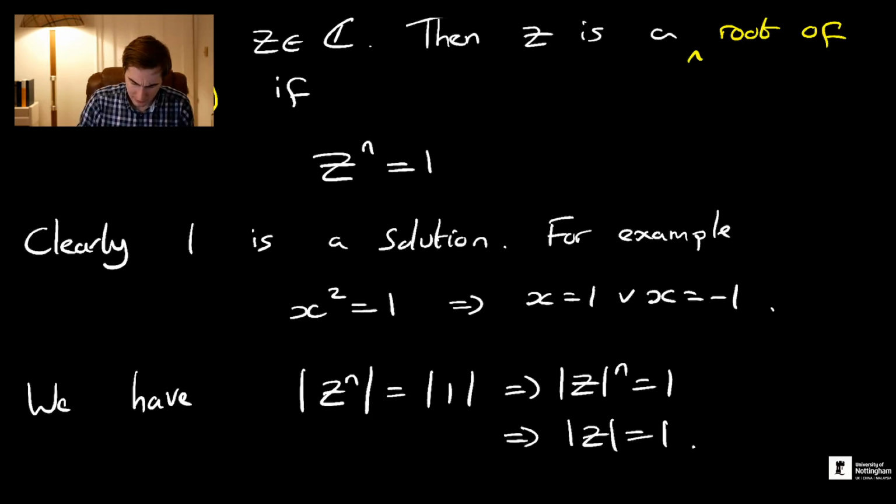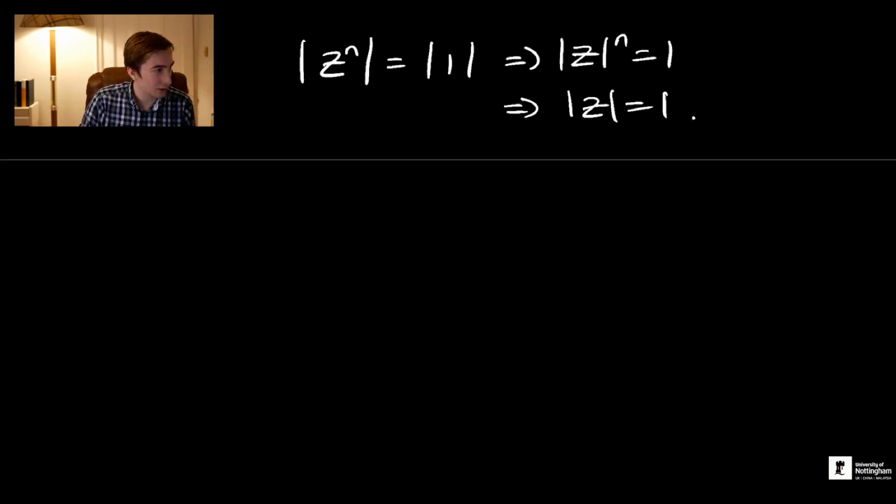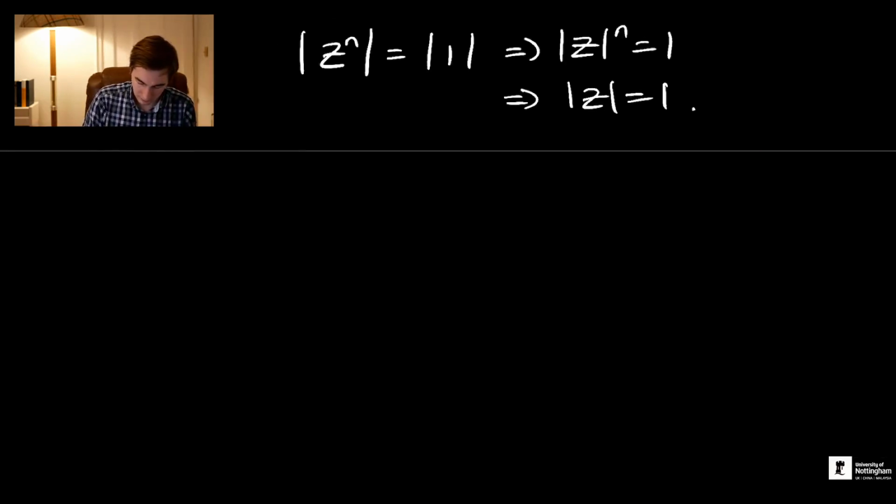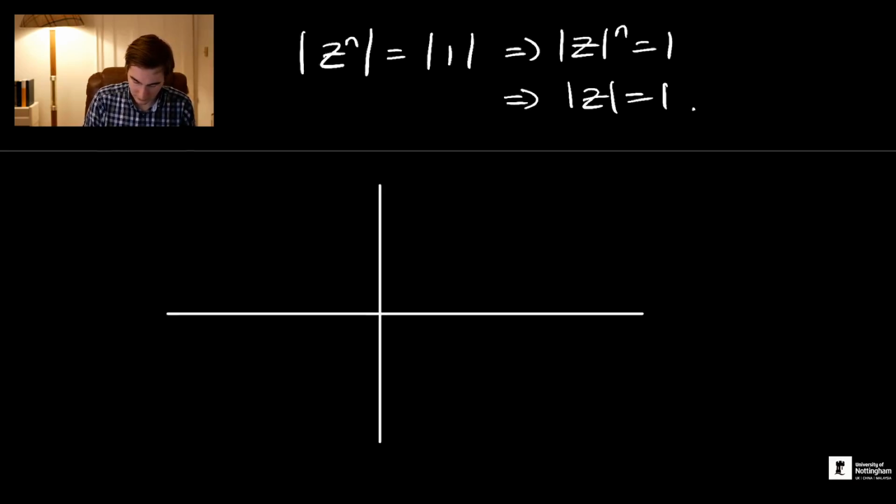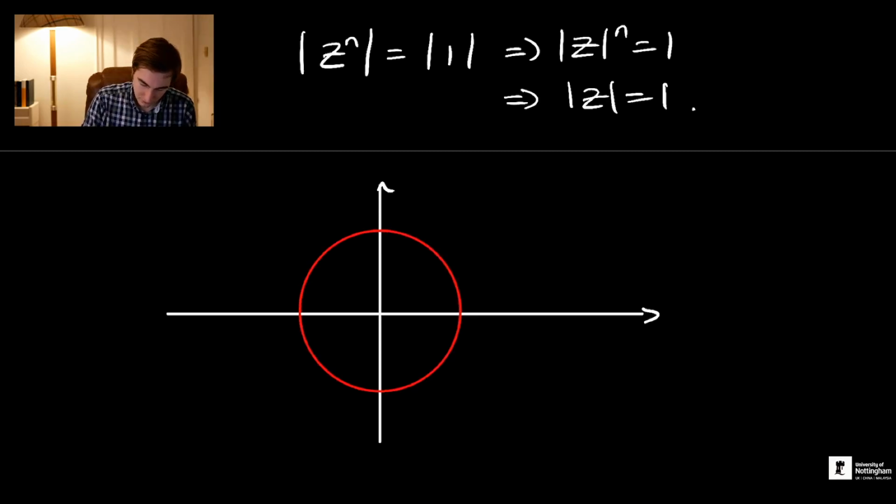So if I think about this, maybe drawing a picture might be useful. I've got that everything must lie on my unit circle. Let's see if I can draw a unit circle in here. This point is the point 1.